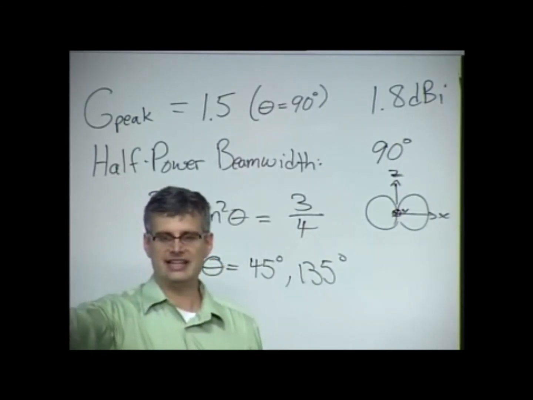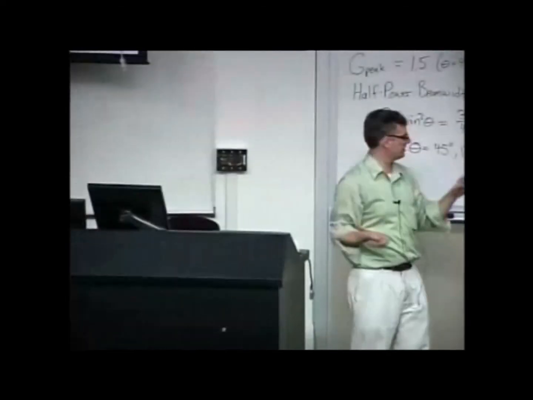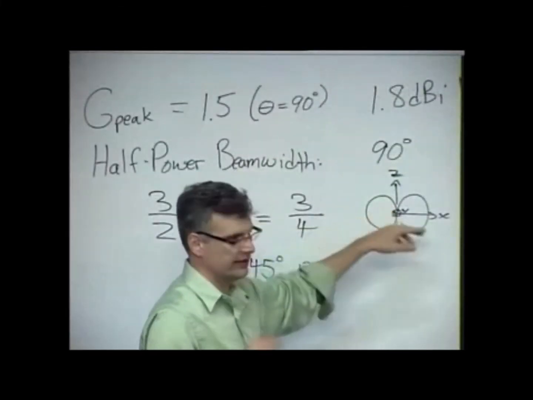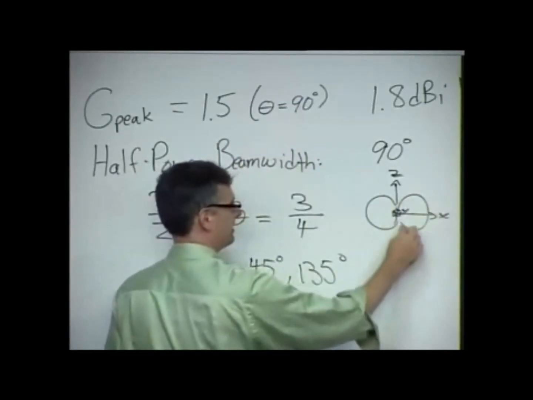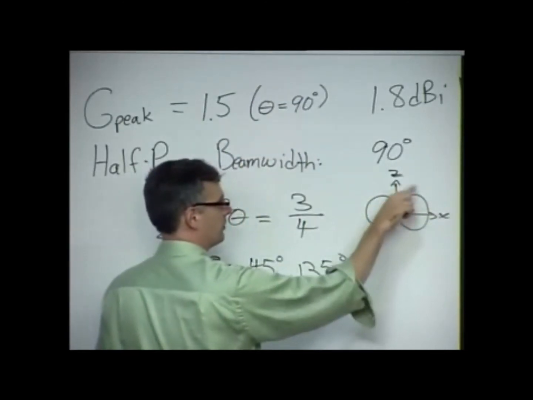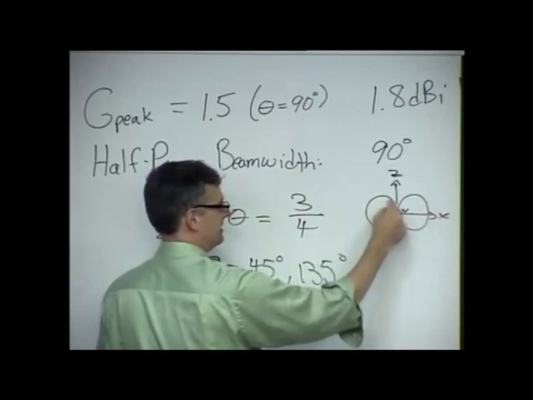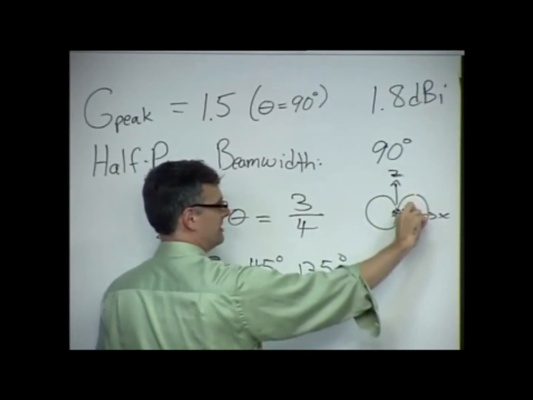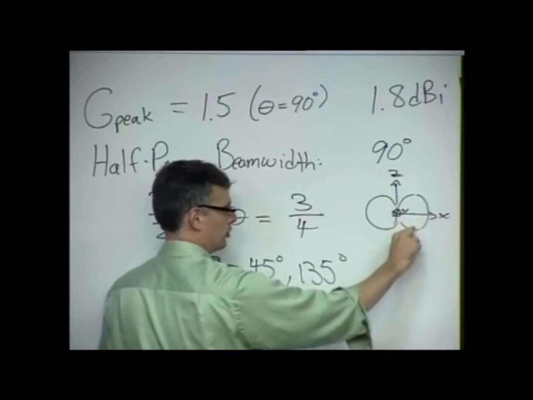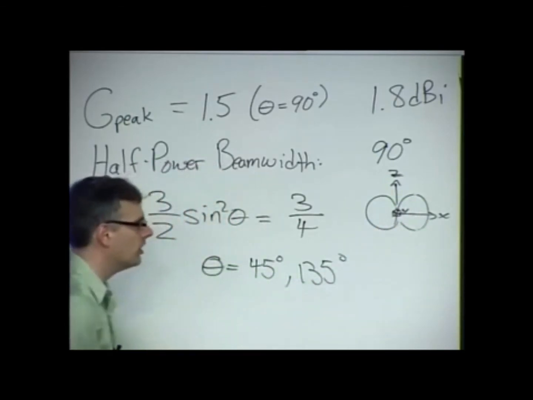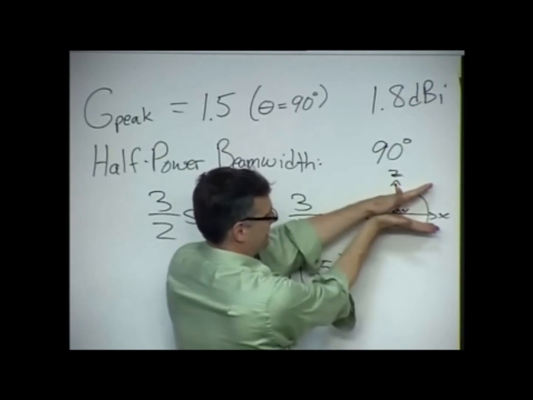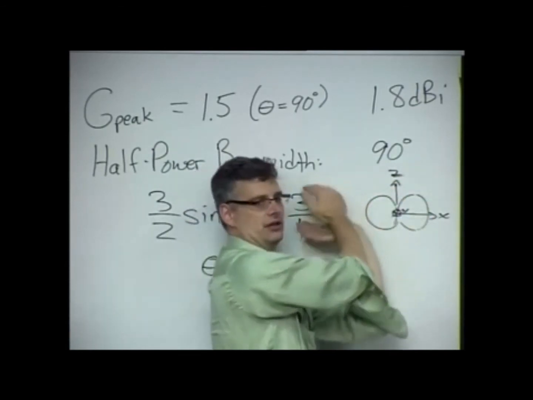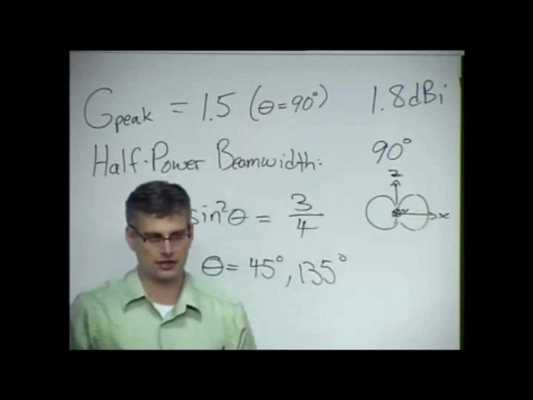It is independent of azimuth, but there is a sine squared theta with respect to elevation. So if I took a slice of the pattern, I would see like 2 dumbbell shapes. Nulls in the vertical direction, peak gains here. The half-power beam width would be 90 degrees. I would go to this point or this point, and that would get half the power. In other words, most of the power being transmitted by this antenna falls within these sectors here of 90-degree width.